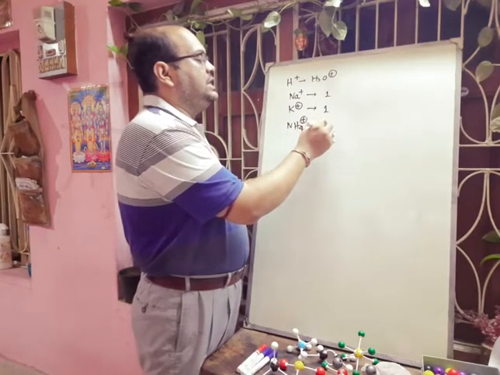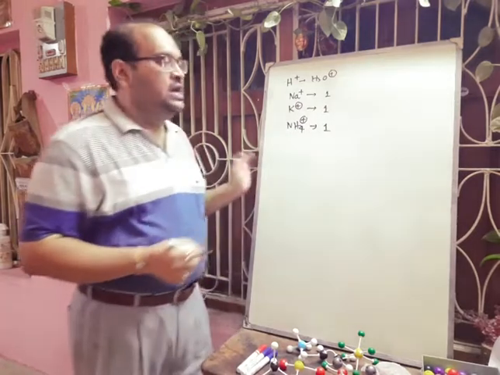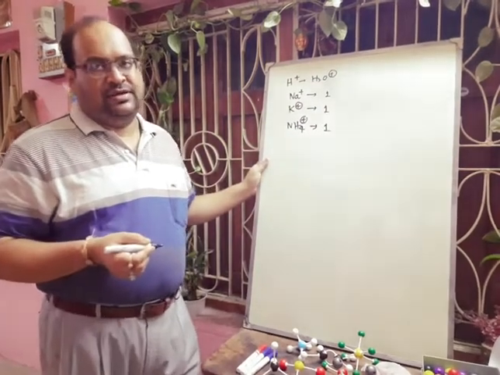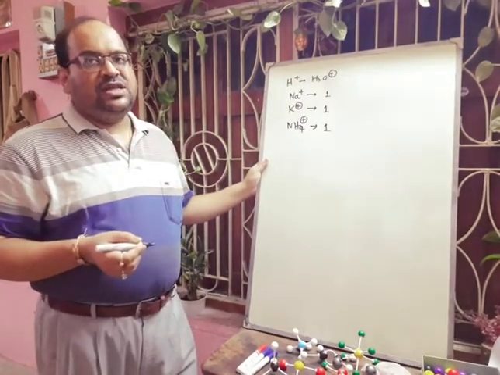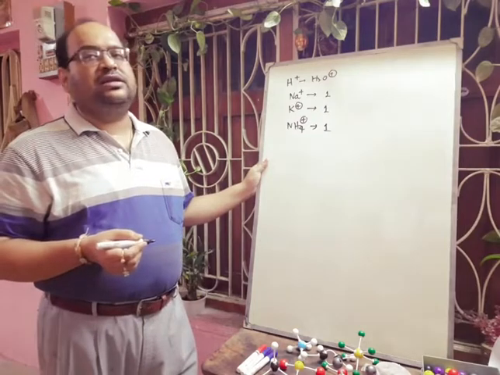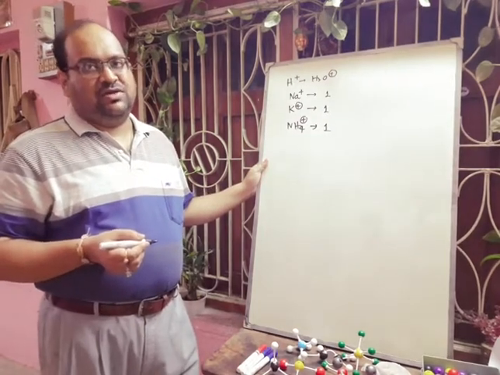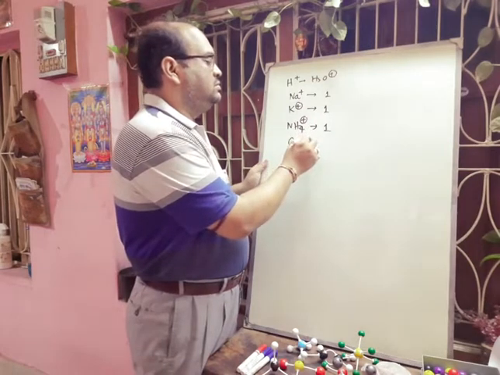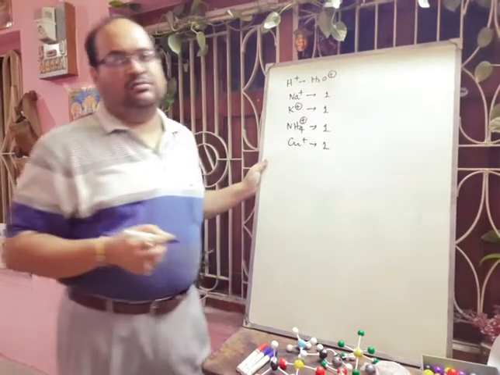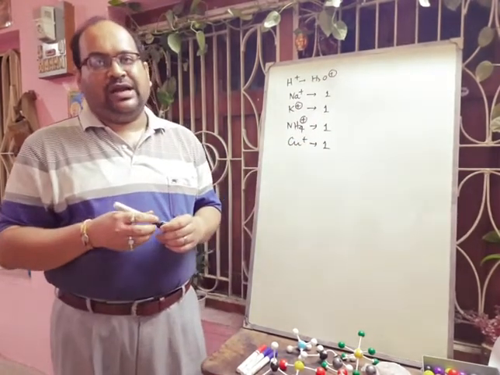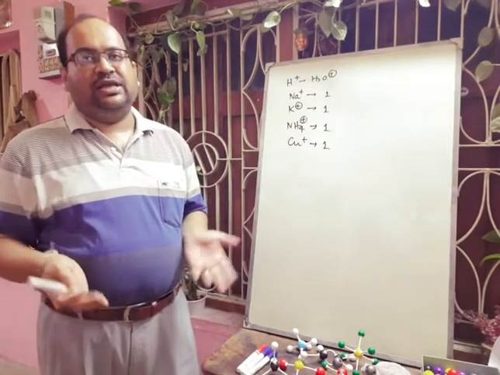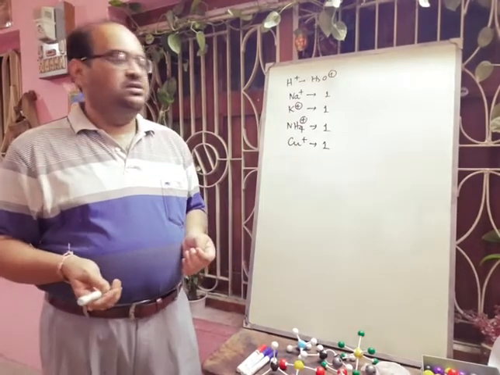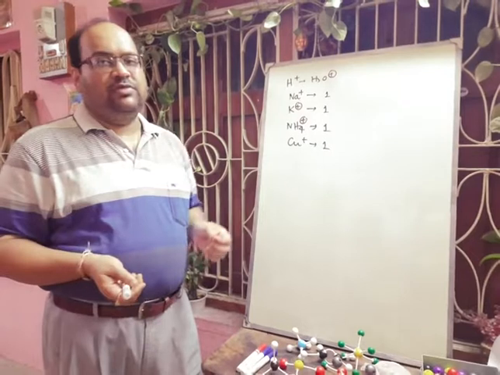Although it is a basic radical, its valency will be 1, and the charge shows its valency. Suppose we think about cuprous, Cu plus 1, its valency will be 1. Next we can say aurous Au plus 1, argentous Ag plus 1. So in this way you have to remember.